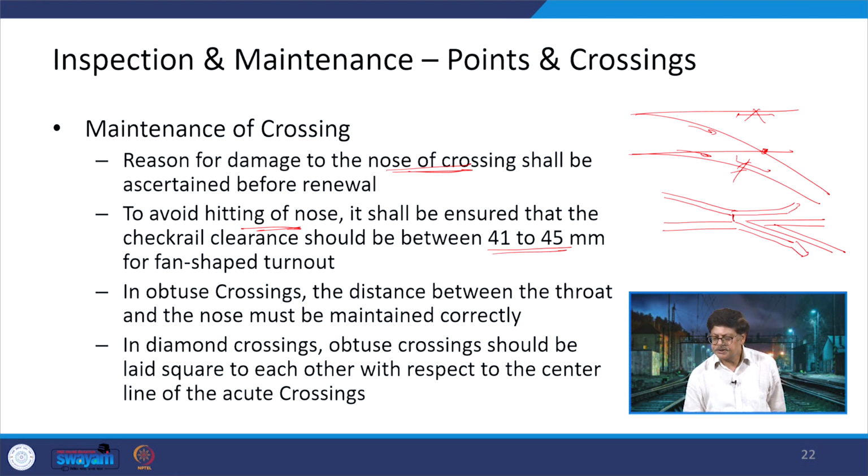So, this is the throat and this one is the nose. That is what we are talking about, the distance between the throat and nose must be maintained correctly. The diamond crossings, the obtuse crossings should be laid square to each other with respect to the center line of the acute crossings.